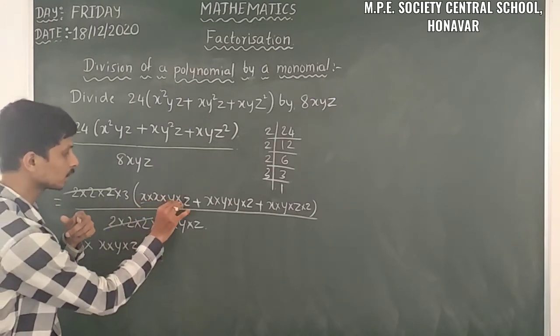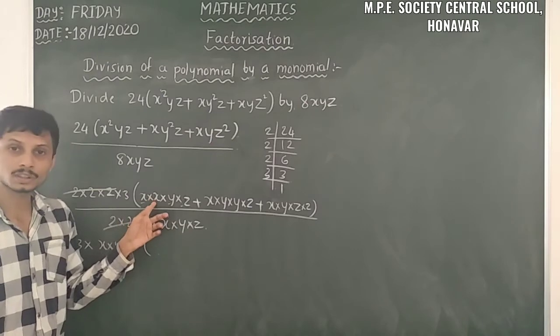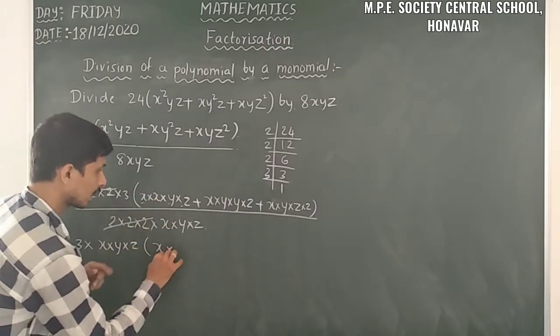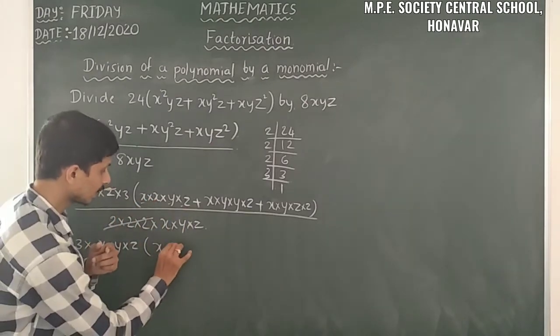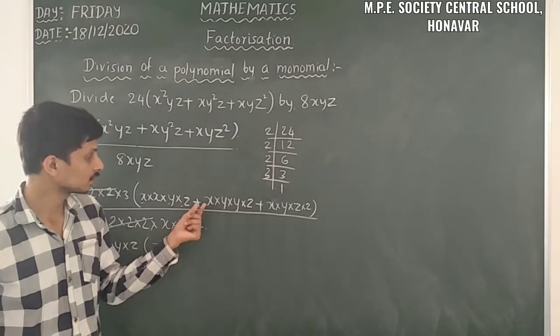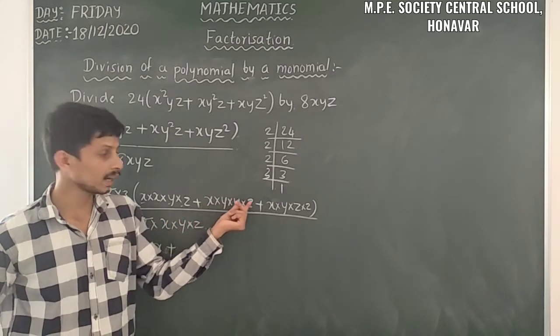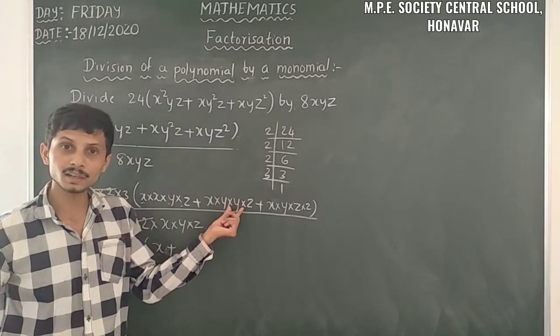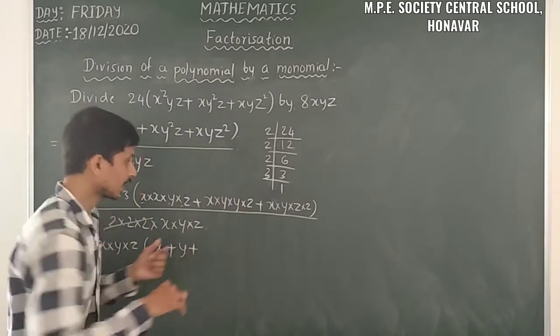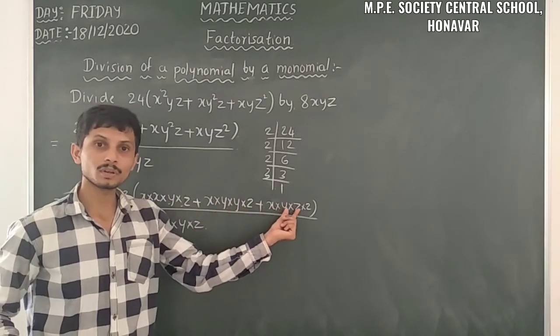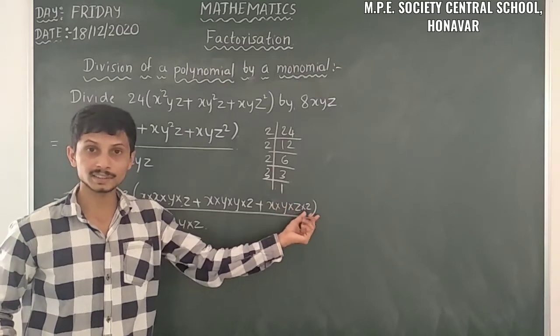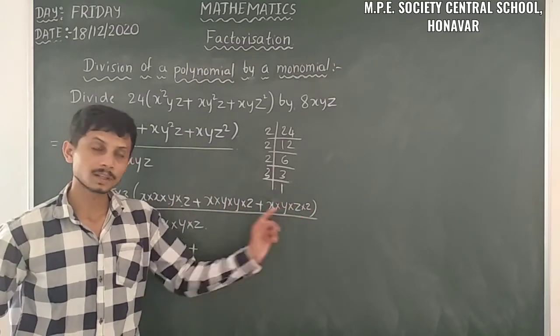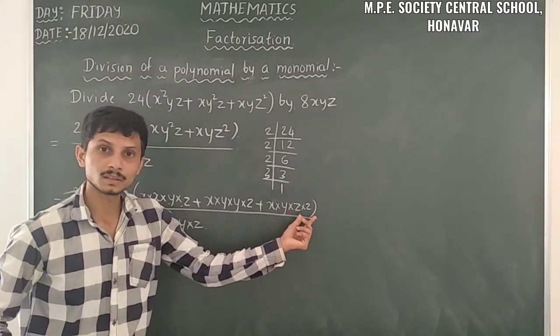So this one is removed, and x remains. Here it is a plus. And in this case, x and y and z removed, and y remains. Then here x removed, y removed, and z removed. What remains here? z remains.